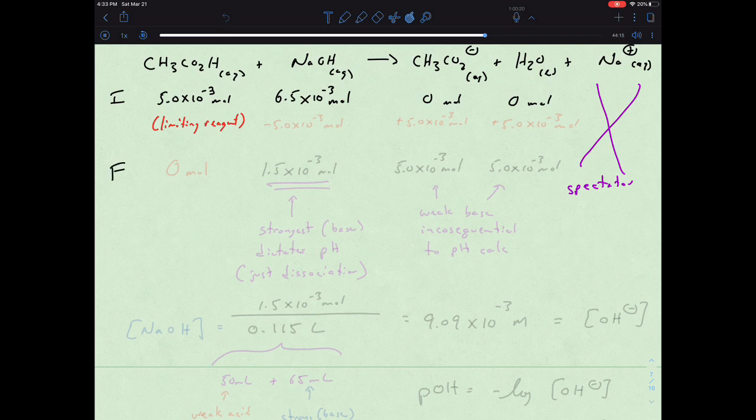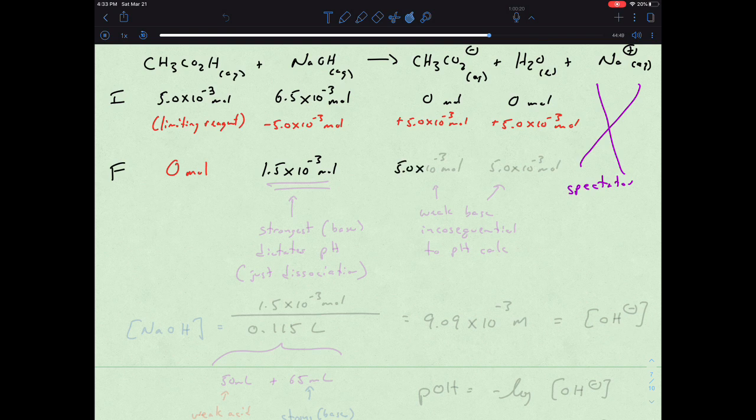So in terms of our final mole values, we don't have anything left of the acetic acid. Our mole value of the sodium hydroxide is decreasing by that amount, and the moles of our products are increasing by that amount. So we end up with 1.5 times 10 to the negative third moles of our sodium hydroxide.